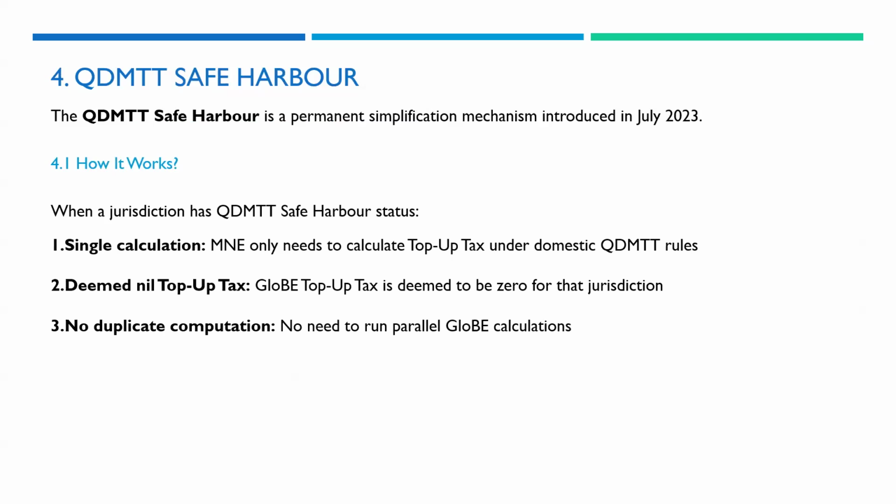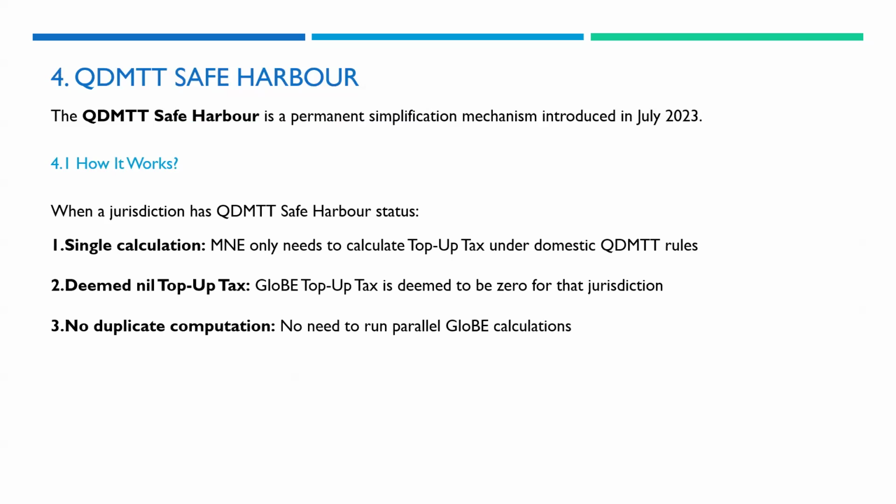That need not be done if it has a QDMTT safe harbor and the QDMTT return is filed. Then IIR and UTPR calculations need not be done. Only QDMTT is there, so it is a deemed nil top-up tax. The GloBE top-up tax is deemed to be nil for that jurisdiction if you have a QDMTT safe harbor.